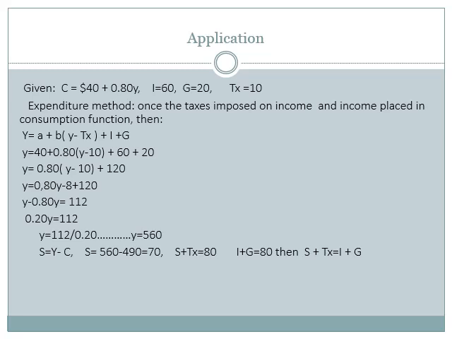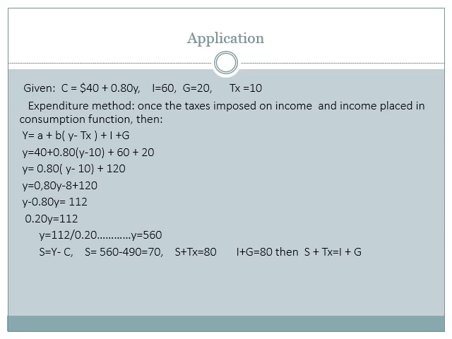Then Y equals a plus b open brackets Y negative Tx close the brackets plus I plus G, or Y equals 40 plus 0.80, which is b, times Y negative 10, plus 60 plus 20.